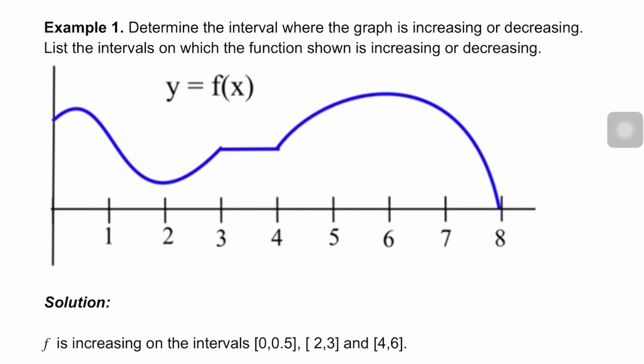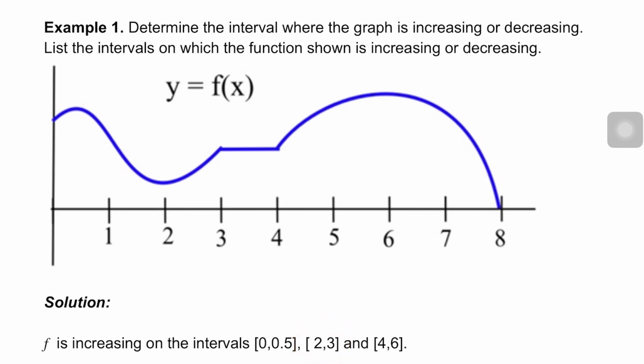We're not saying what the actual values of the function are. We just know it's decreasing, that it's changing, and it's decreasing in value. And then we see here from x equals 2 to x equals 3, the function now is increasing. The value of the function is going up. So we see that interval between 2 and 3, it's increasing.